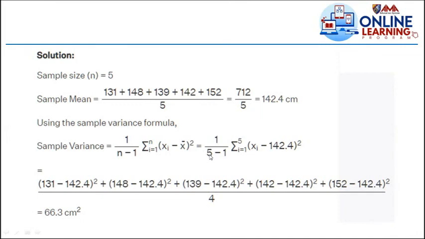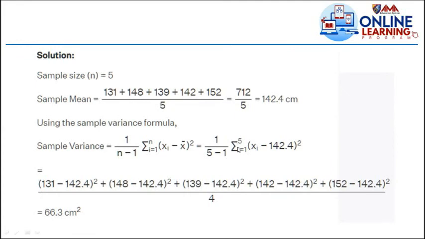So it's equal to 1 all over 5 minus 1 times the summation of i equals 1 to 5 of xi minus 142.4 raised to 2. So that's our formula. So xi will be equivalent to 131 minus mu raised to 2.